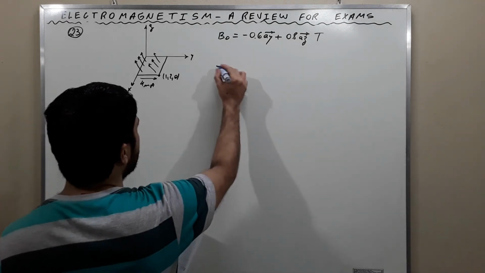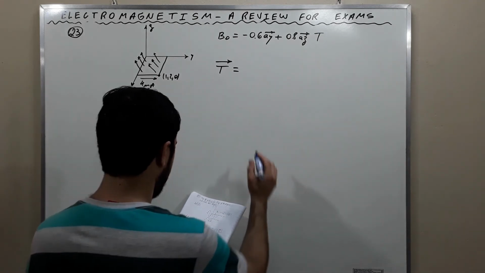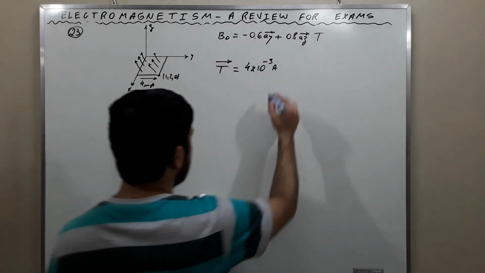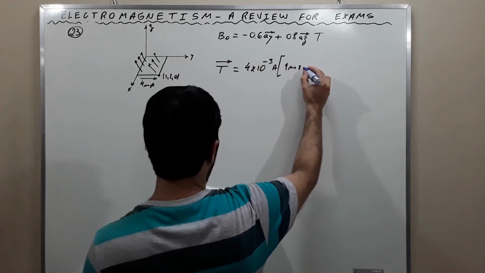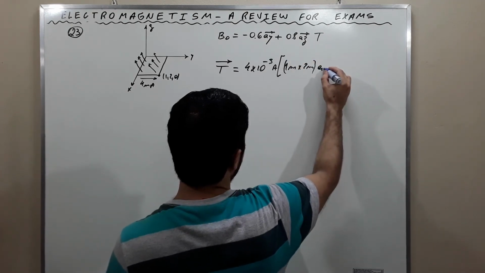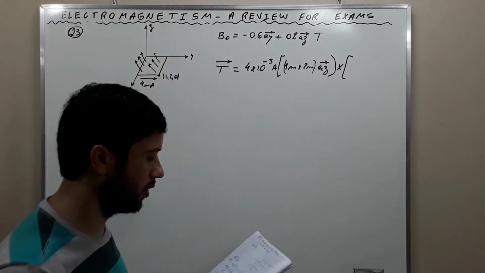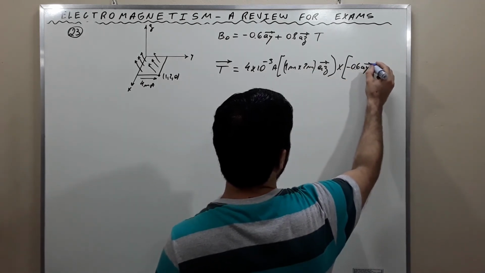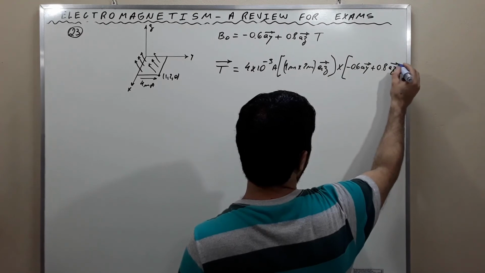The torque will be calculated using this formula here, which is 4 times 10 to the negative 3 amps times 1 meter by 2 meters in the z direction, in a cross product with negative 0.6 ay plus 0.8 az.